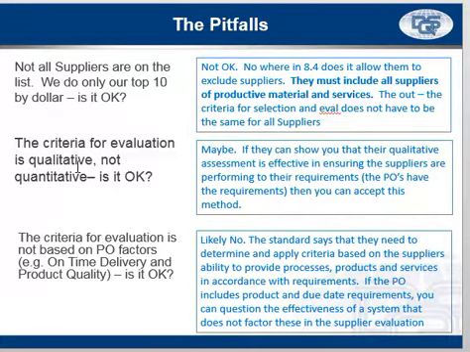The criteria for evaluation is qualitative, not quantitative. Is it okay? Maybe. So they define the type and extent of control. Once they've included all their suppliers, they decide what criteria to evaluate them against. That criteria should relate to the requirements they're flowing down, so that would be the requirements of the PO.